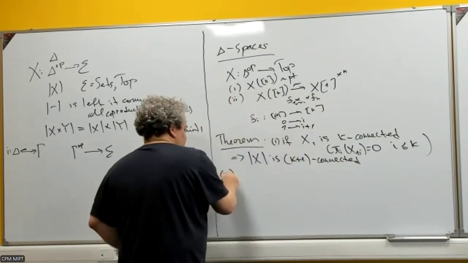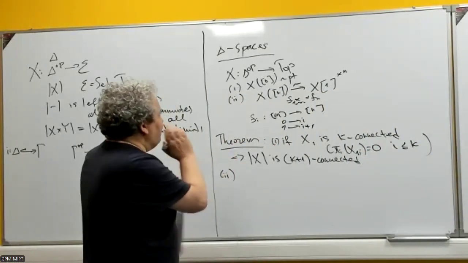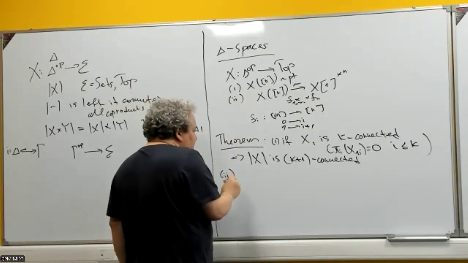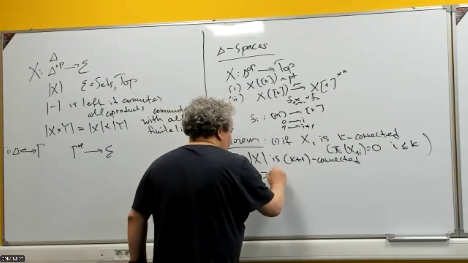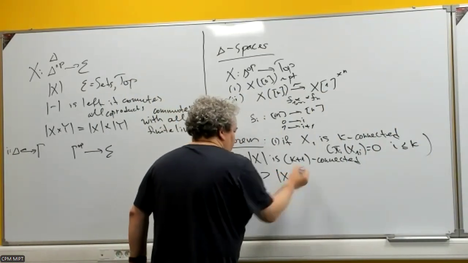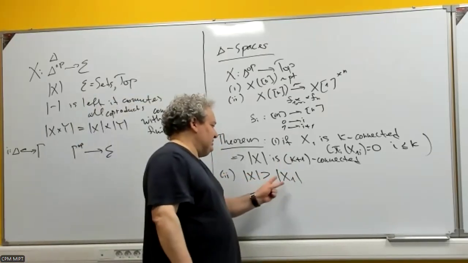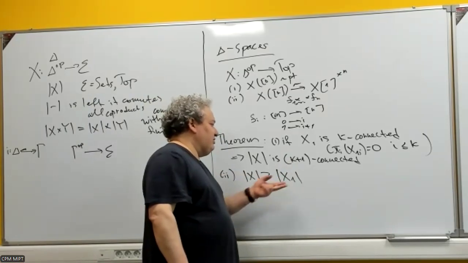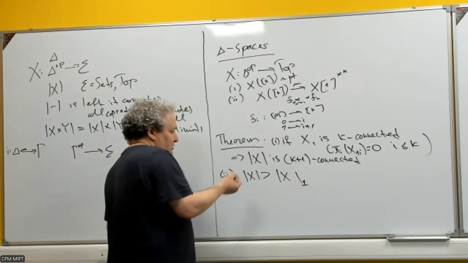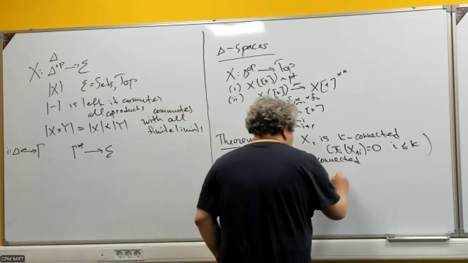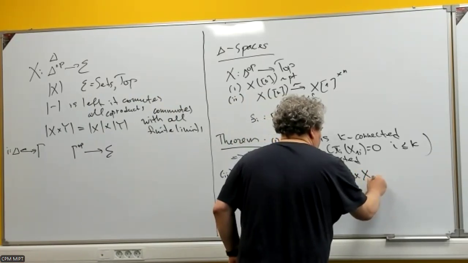And the second statement is that we have in the realization X1, the realization of 1, which actually comes from the simplices of dimension 0 and dimension 1. So actually we have here the one skeleton.